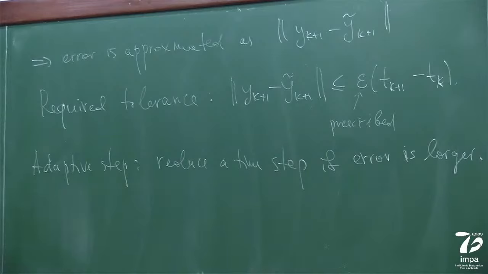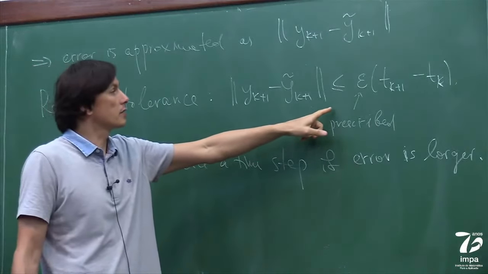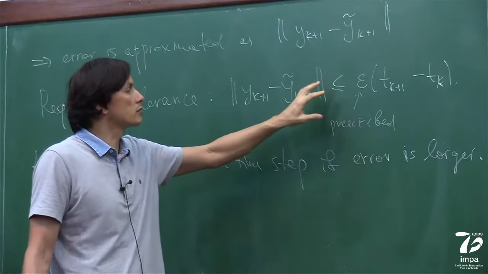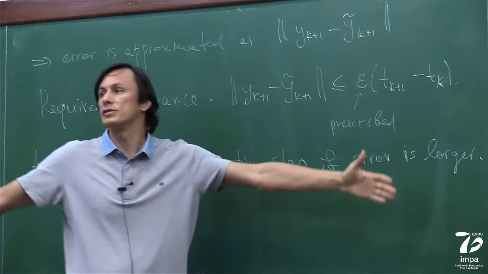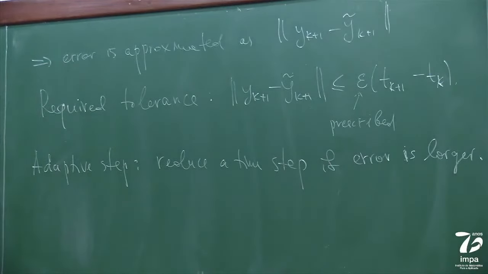If this condition is satisfied too well, so the error is much smaller than this, then you can increase the time step. This is what a method with adaptive steps is doing. Most of these methods are adaptive steps that you can find in Python, MATLAB, whatever. They change the time step so that it adapts to the tolerance that you're asking for.